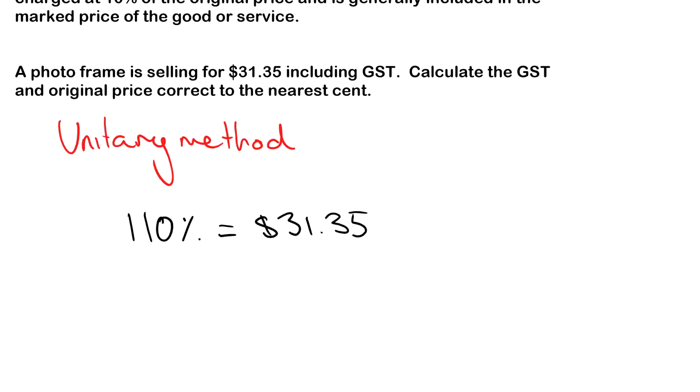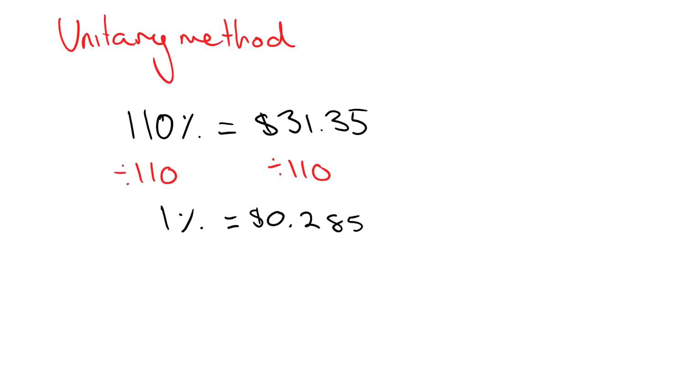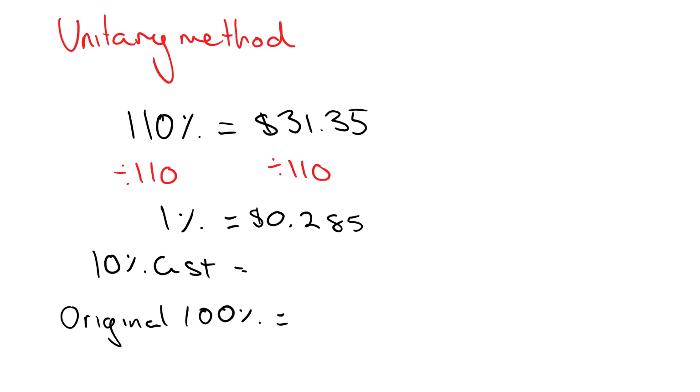So I'm going to divide both sides by 110 to find out what 1% is. Now that I know that, if I'm trying to find my GST, I know 10% is our GST, and our original was 100%.